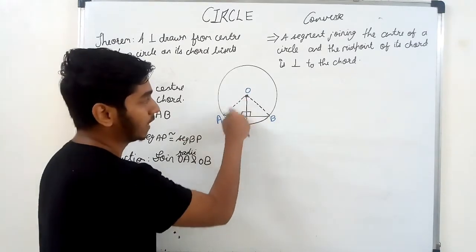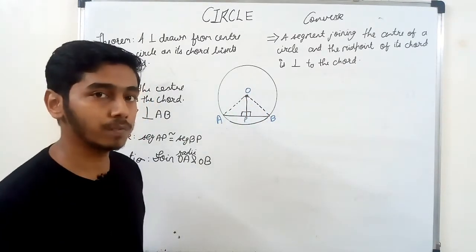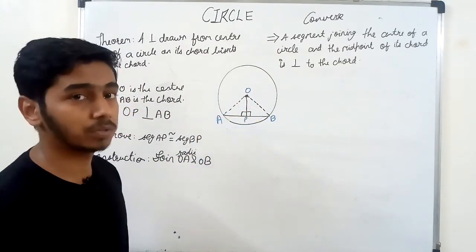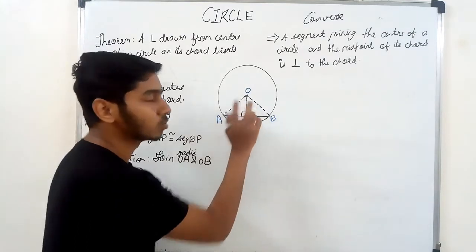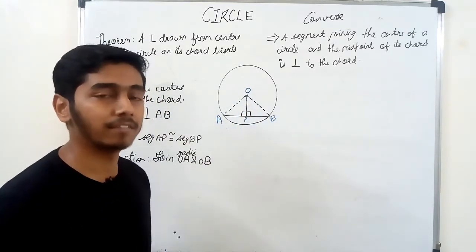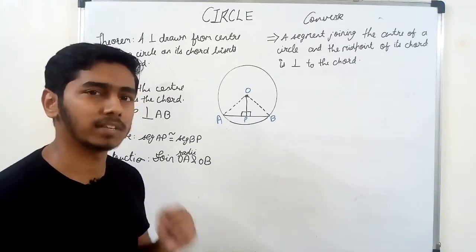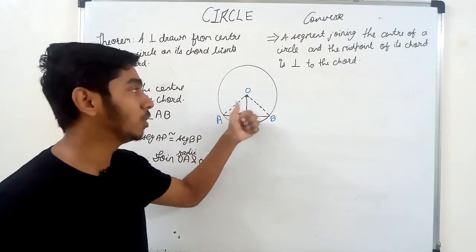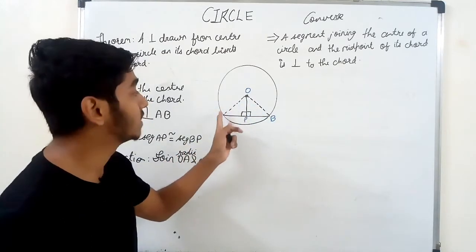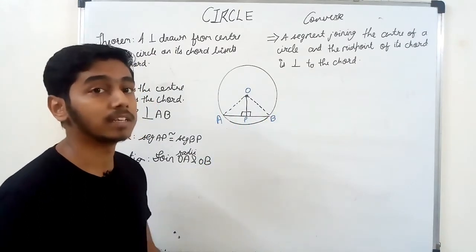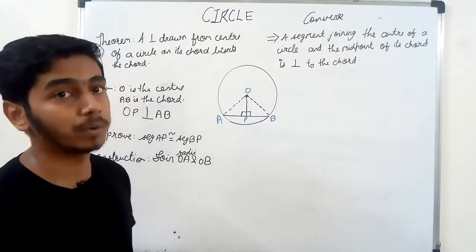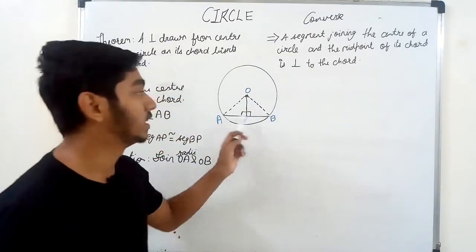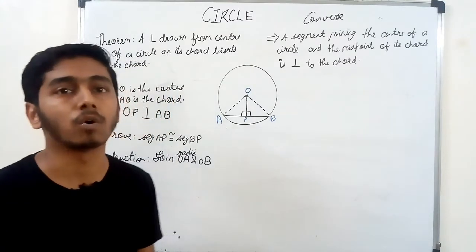So we'll take triangles OPA and OPB and prove them congruent by the tests we have, whether it's ASA or SAS or SSS or the hypotenuse side test. If we are able to prove these two triangles congruent, then we can say that AP is congruent to BP. The reason will be CSCT, corresponding sides of congruent triangles.